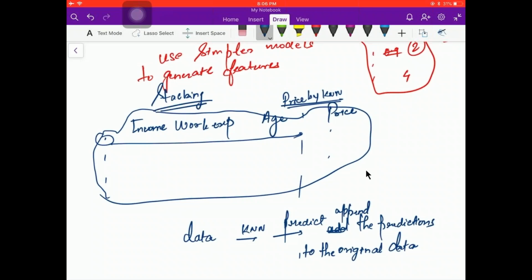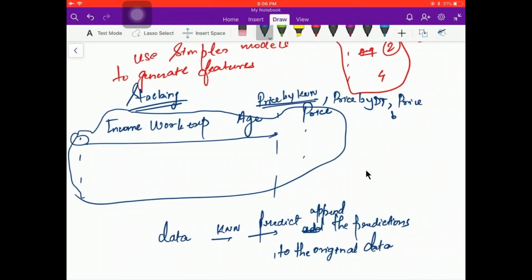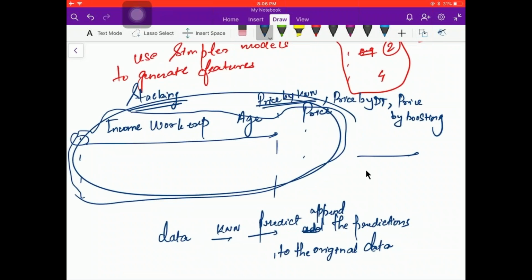Now, this stacking can be done with any model. For example, you can do a price by KNN, then also a price by decision tree, then also a price by boosting, and then you apply a different model on all these things.